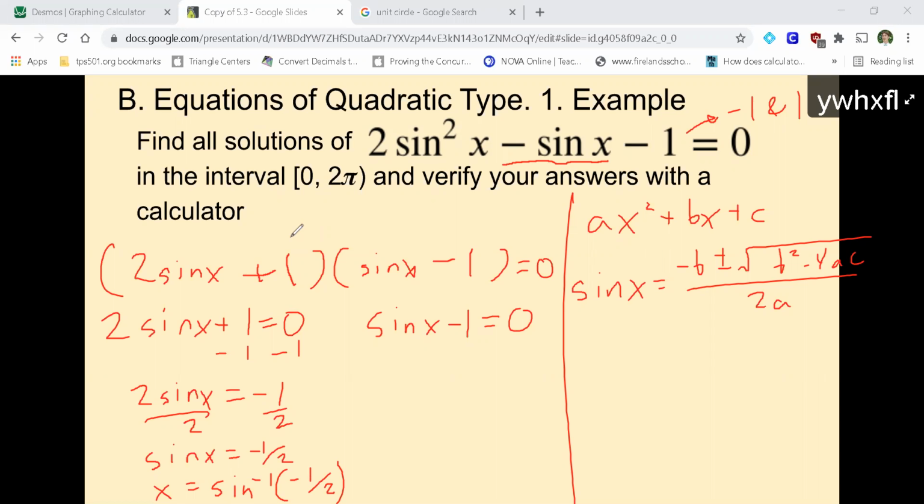So where on the unit circle do we have, again, I just realized I think I've done too many examples with sine in it. I should switch that up. But where on the unit circle do we have y values of -1/2?